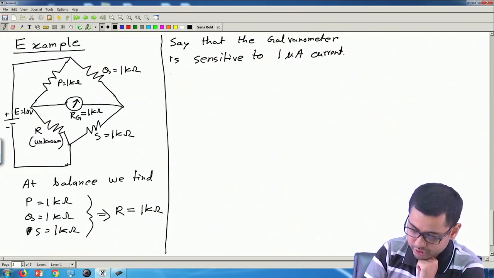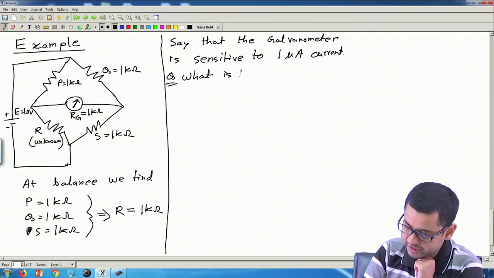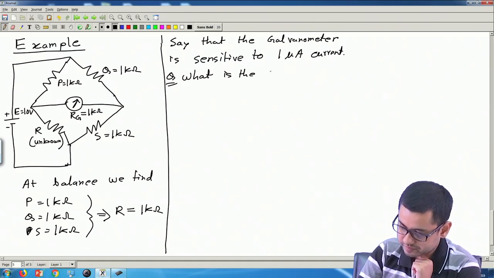Okay. So now the question is, what is the sensitivity of this bridge? What is the sensitivity of this measurement?